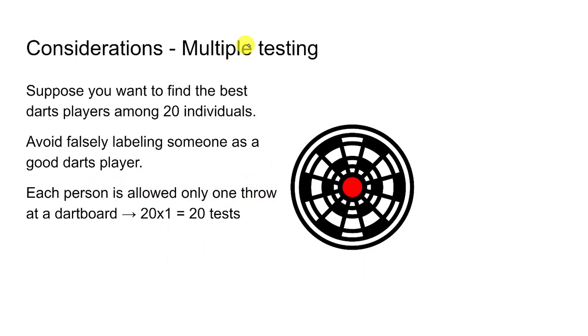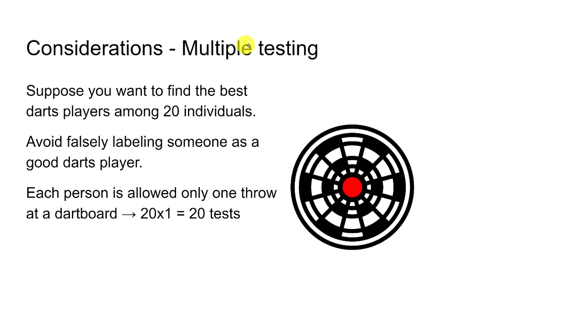Basically it. So I thought of a fun analogy. We'll see whether or not this works for you. Suppose you want to find the best darts players in a group of 20 people, and you have a dartboard with a pretty large bullseye, and another constraint is you also want to avoid falsely labeling people as being good darts players.